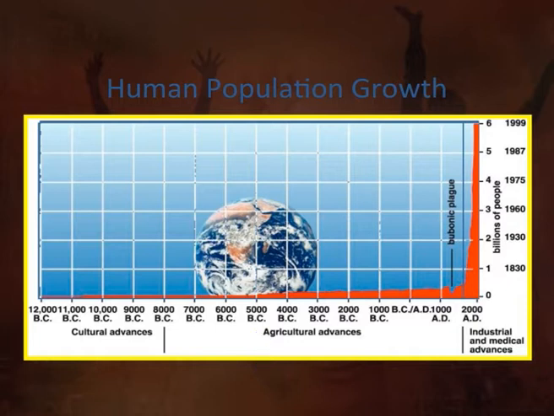After 5000 or 6000 BC, or 8000 BC to be more specific, till the 18th or 19th century AD, because of agricultural developments, the human population began to grow in size.